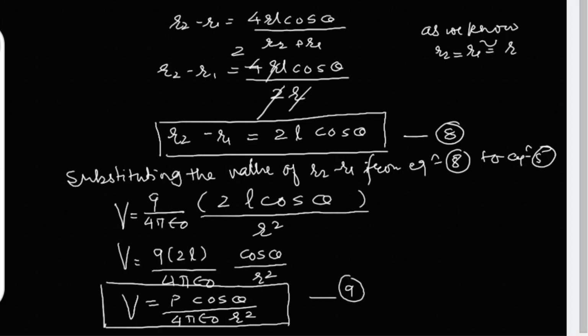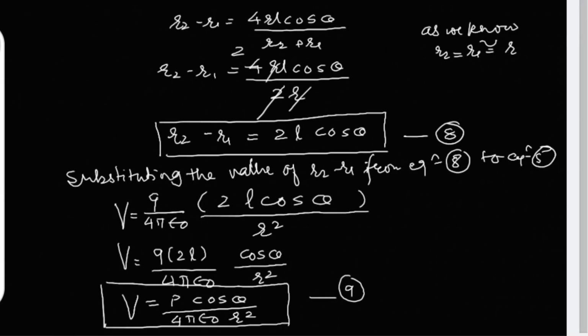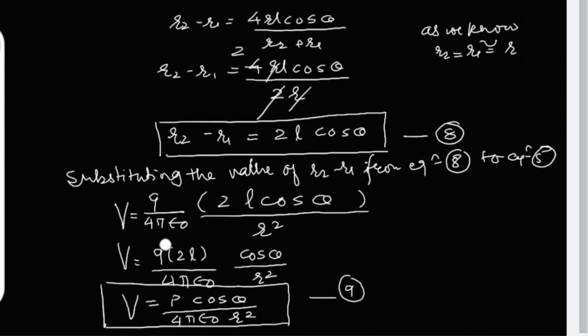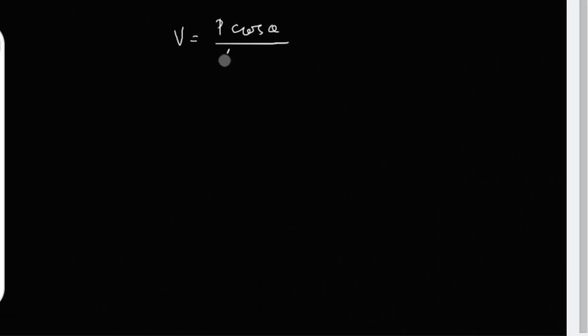But if I want to write it in vector form, how to write it now? Let us say V is equal to, the same quantity again, p cos theta upon 4 pi epsilon 0 r square.